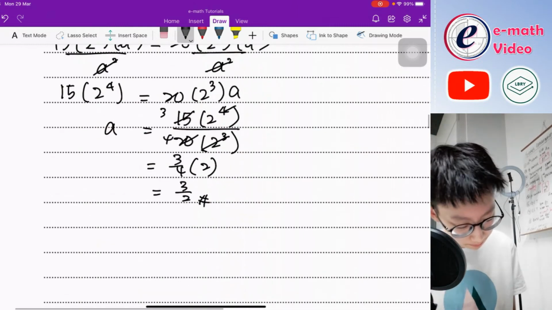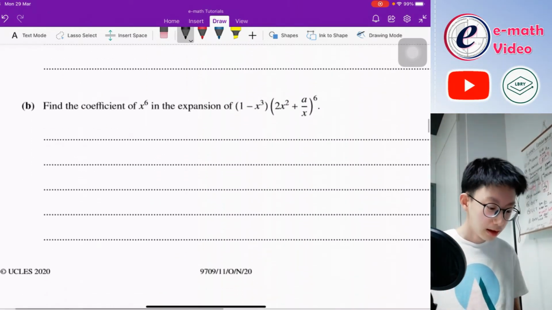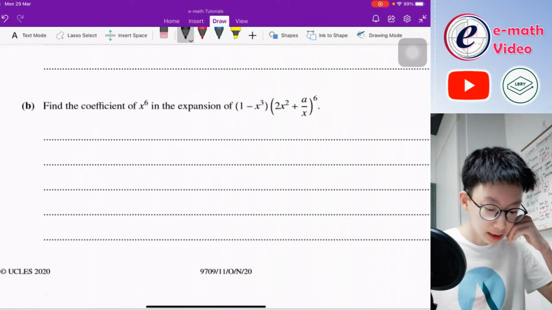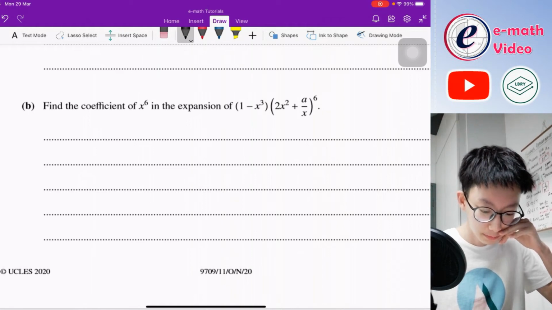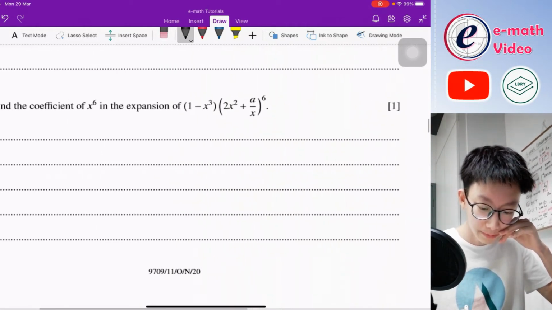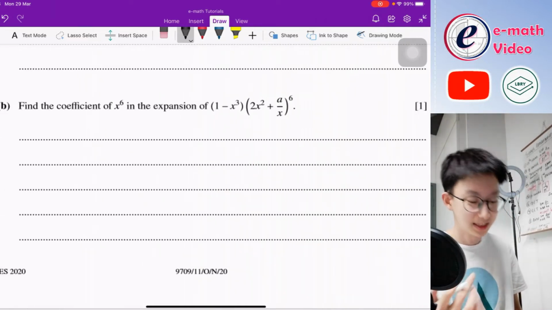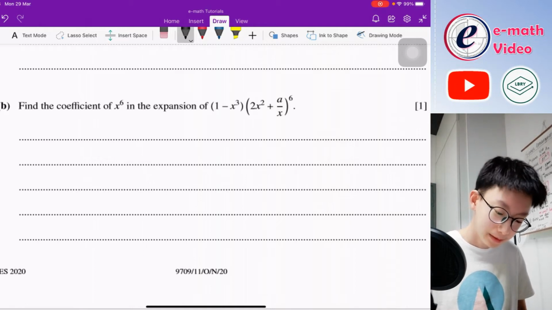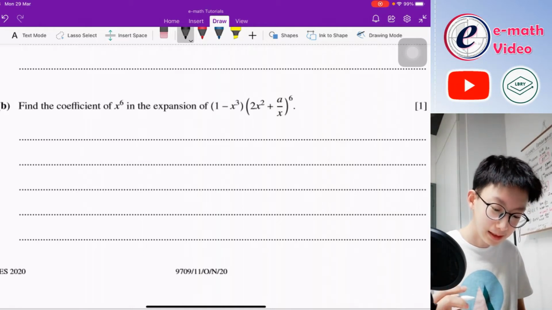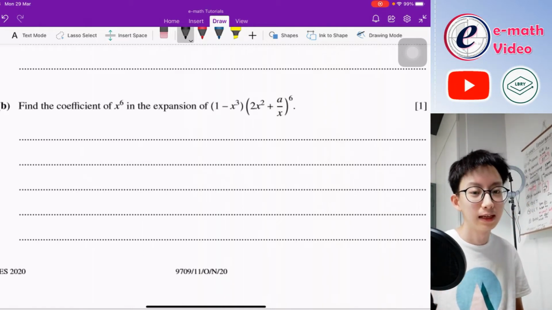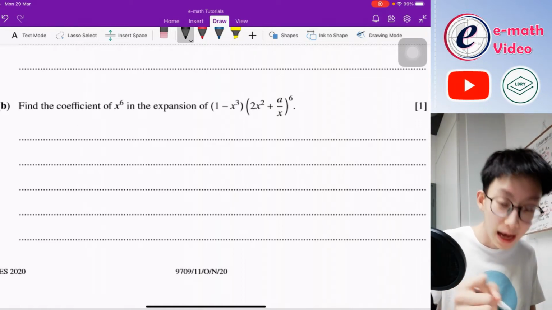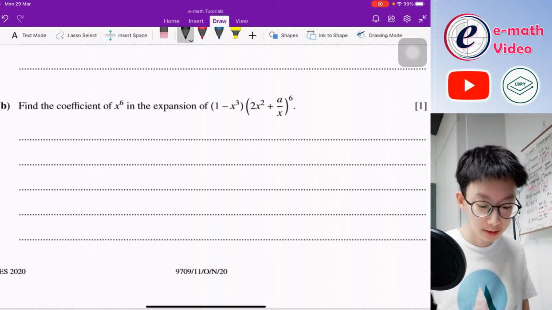So yeah, that's it. Then next, find the coefficient of x to the 6 in the expansion of that. 1 mark, so it should be very direct. Actually, from here you can see already. Let me explain it: the highest power in the first bracket is x cubed, right?